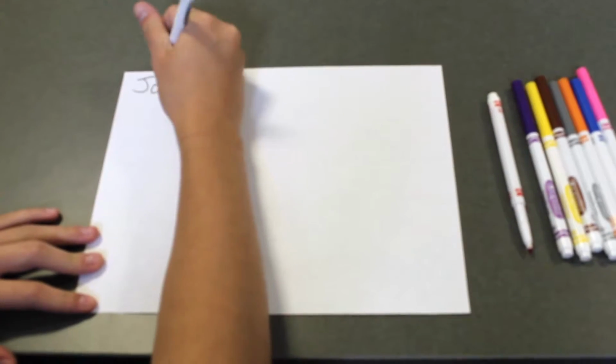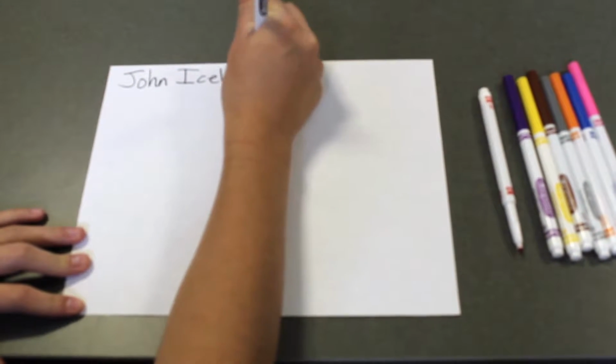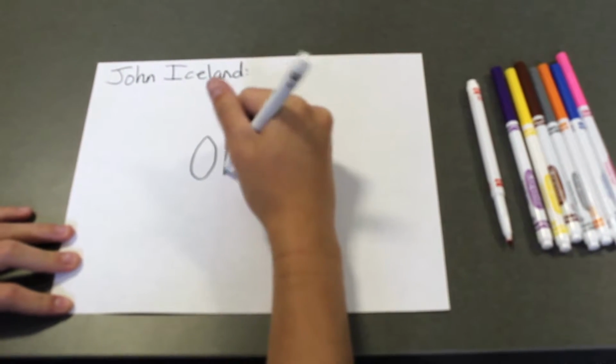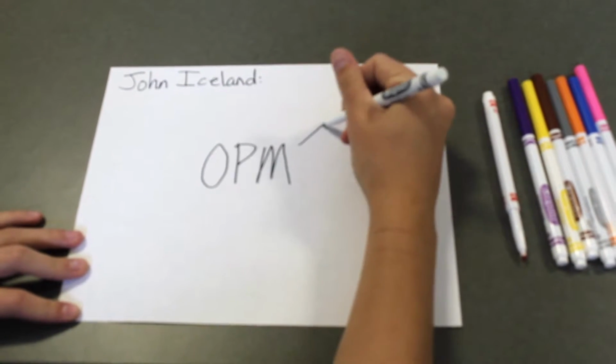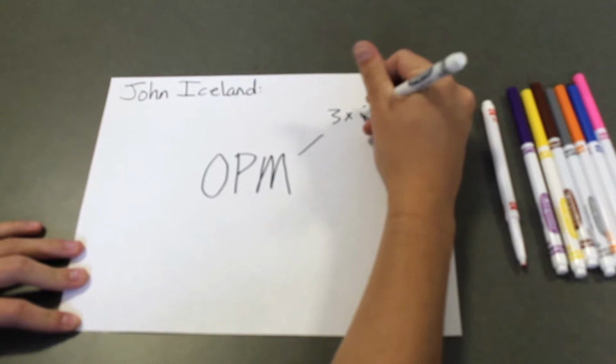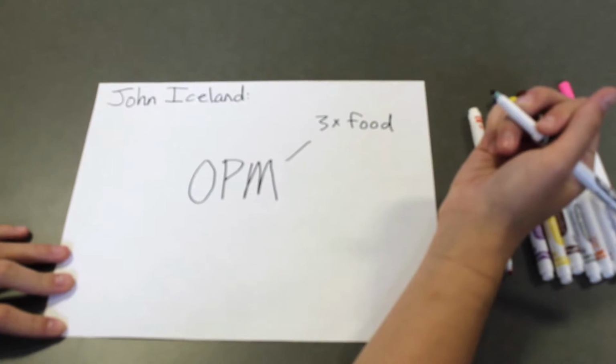In his book Poverty in America, John Iceland outlines the official poverty measurement, which establishes an absolute poverty line that equals 3 times the budget for food, in accordance with the U.S. Census Bureau.